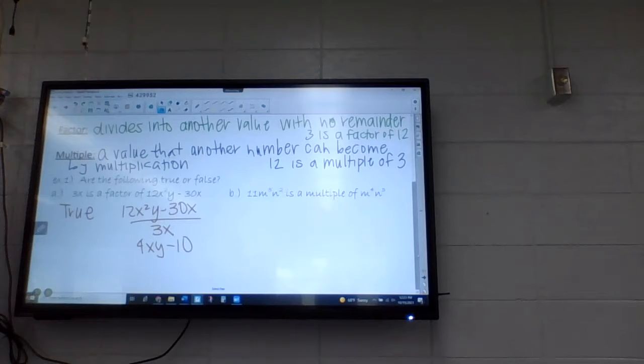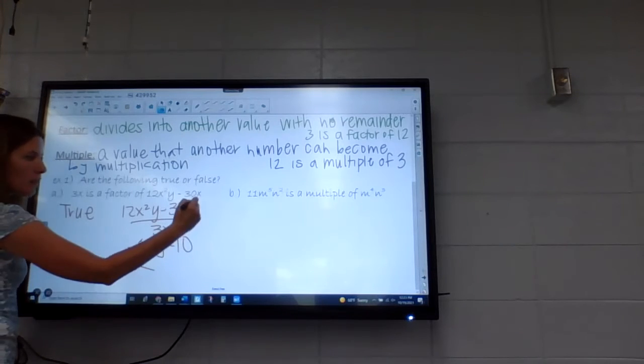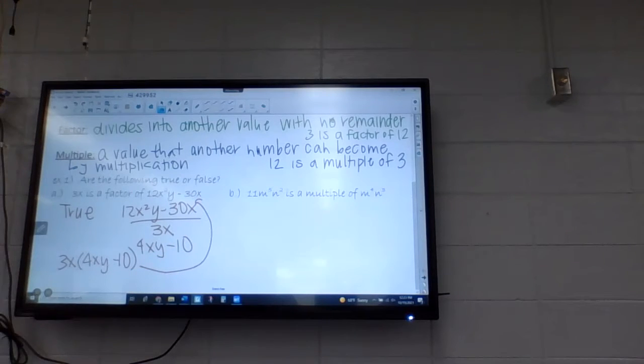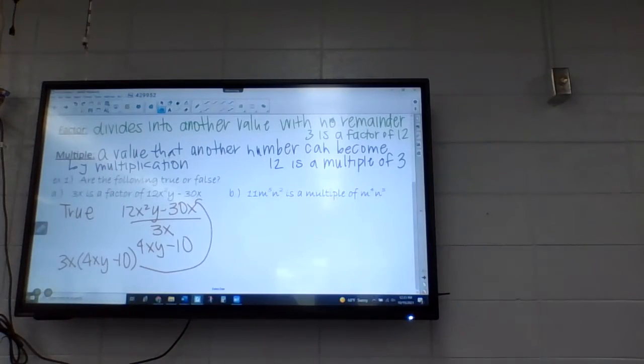It would be the 4xy minus 10. If I take 3x, I can multiply it by 4xy minus 10, and it's going to equal this. Either one of those is a great way to explain it: I can multiply two things together to get that, or I can divide by it and it works out just fine.